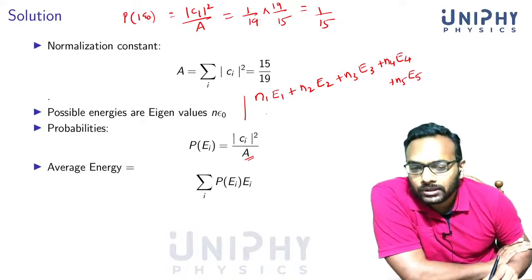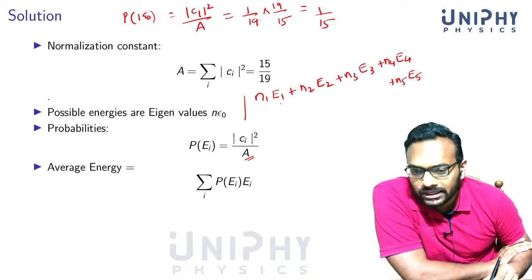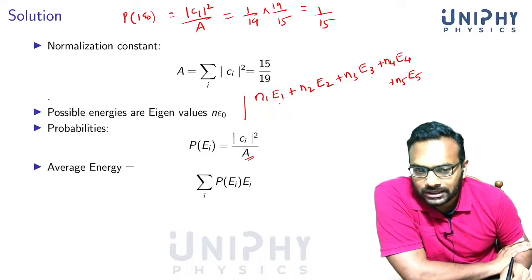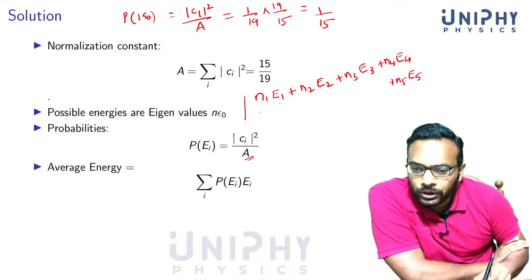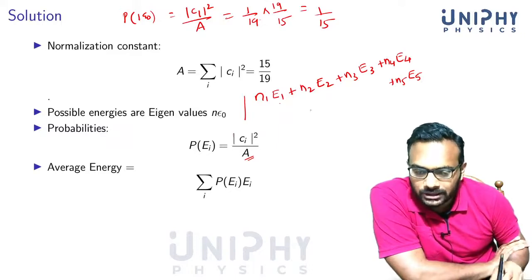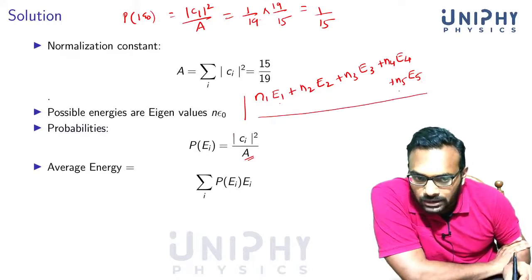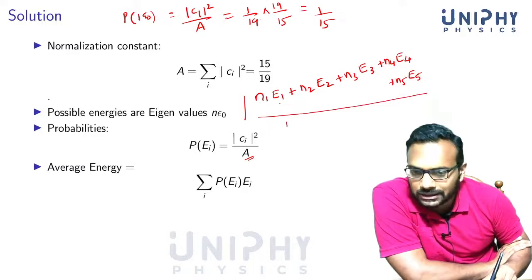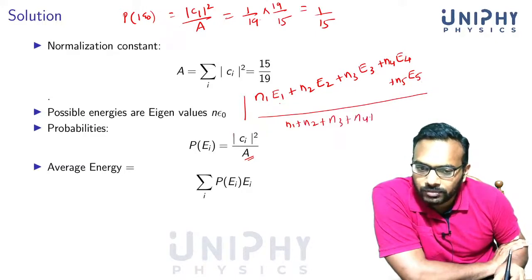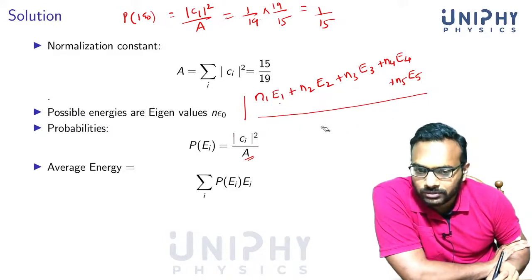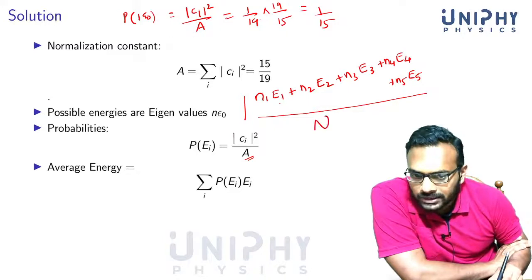What do you do now? You add all these up and divide by the total number of trials. In this case it is n1 plus n2 plus n3 plus n4 plus n5, or this you can write as the total number of measurements, capital N.